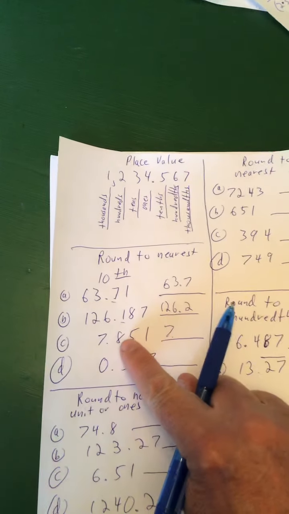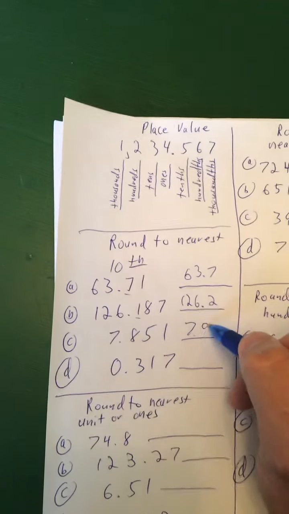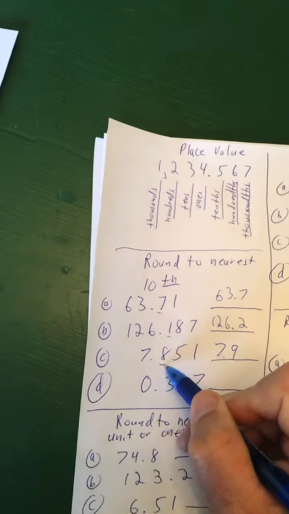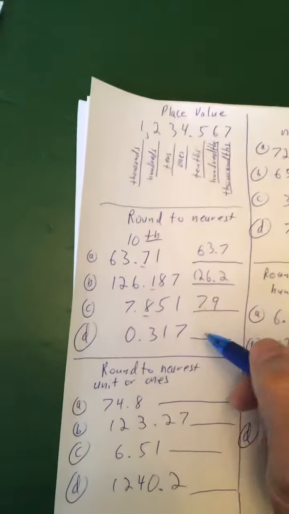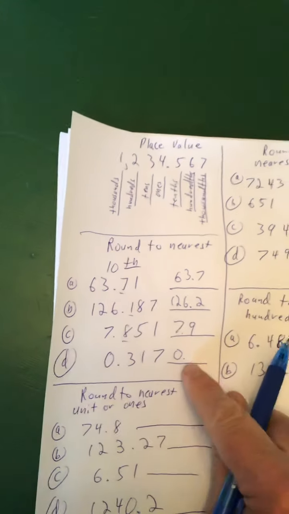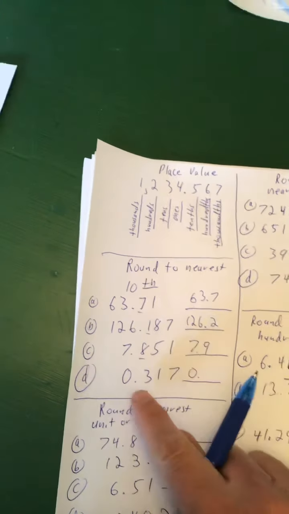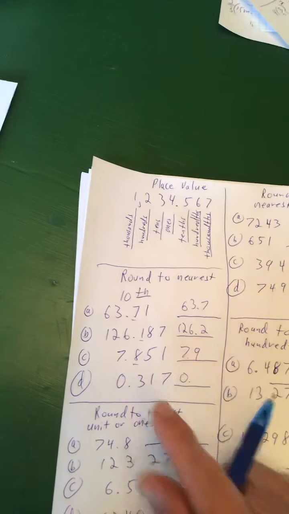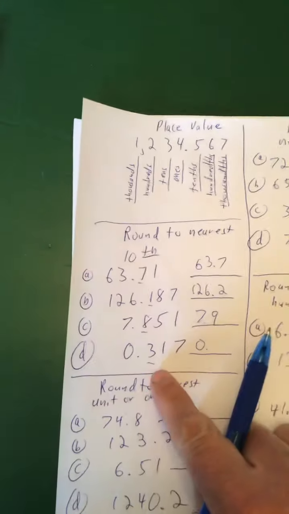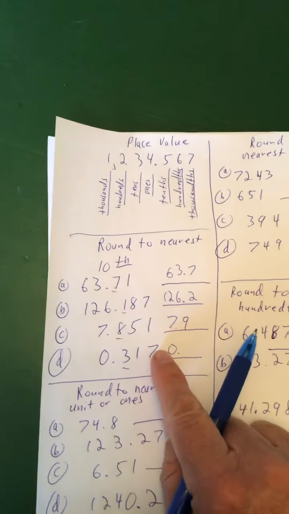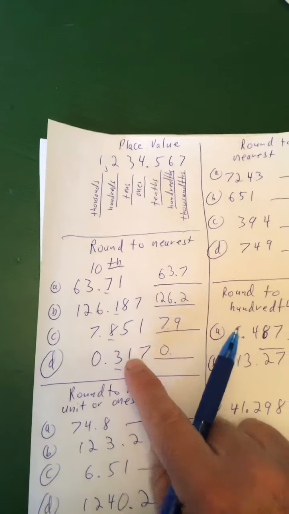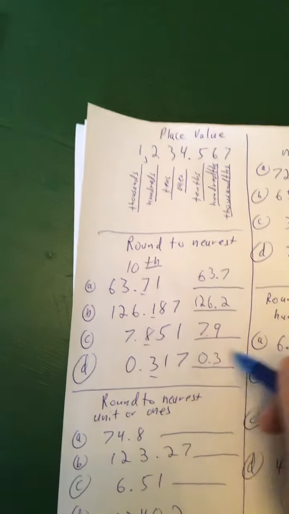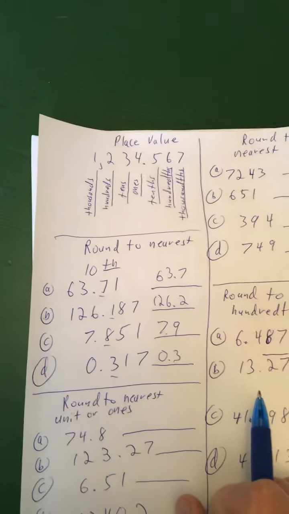Well, the 5 means it rounds up, so this is 7.9. Here's my number in the tenths place. And this is either going to be 0.3 or 0.4, or 0 and 3/10, or 0 and 4/10. Here's my 3, it's in the tenths. Well, that 1, I don't care about the 7. That 1 means it's going to stay the same, so this is 0 and 3/10.